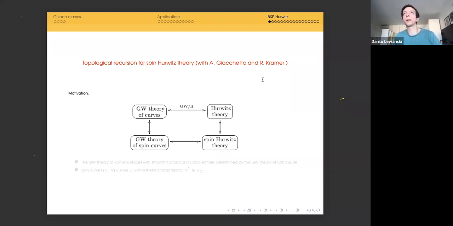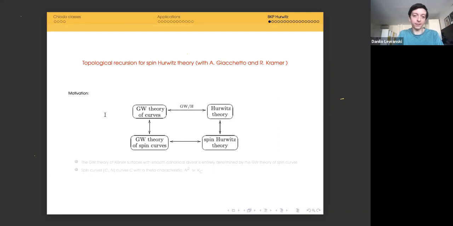But we also came across the motivation of another community that is more interested in Gromov-Witten theory of certain targets that in particular have complex dimension 2. So it's something more complicated than curves, even if you don't see something that is not a curve in this picture, but I will come to it in a minute.